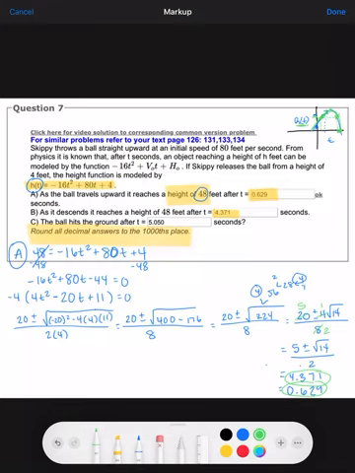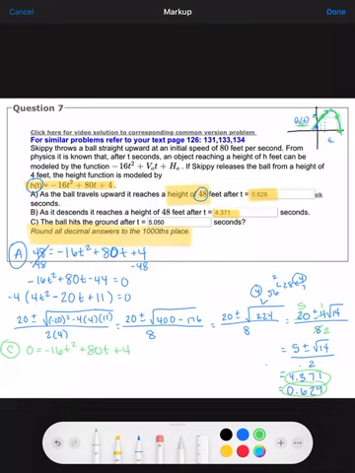So hopefully I can fit this all in. Moving on to part C. Okay. So this time, instead of letting the height equal 48, I'm going to let the height equal 0. So I'm going to do 0 equals negative 16t squared plus 80t plus 4. And I'm going to go ahead and solve this one.